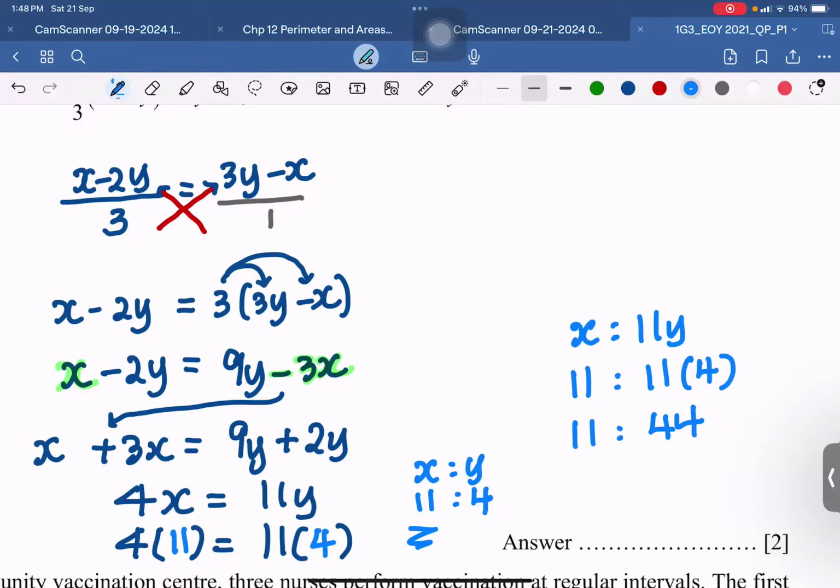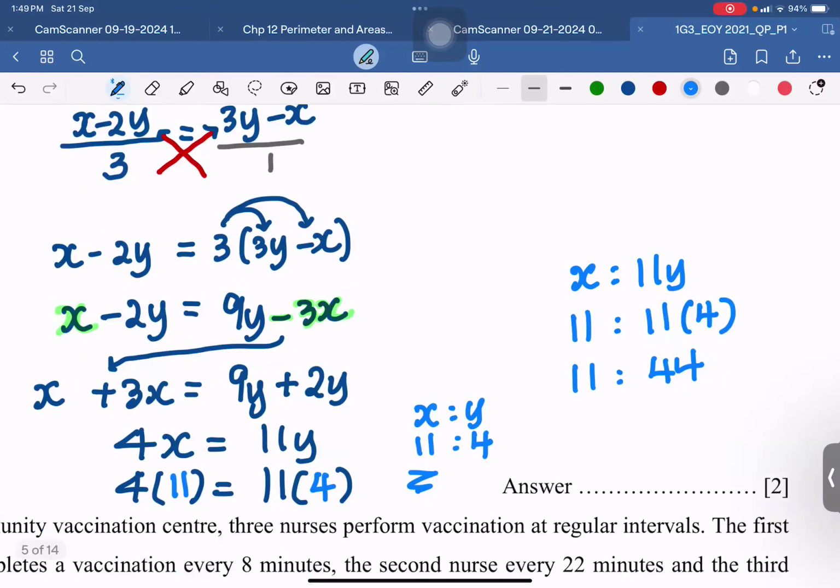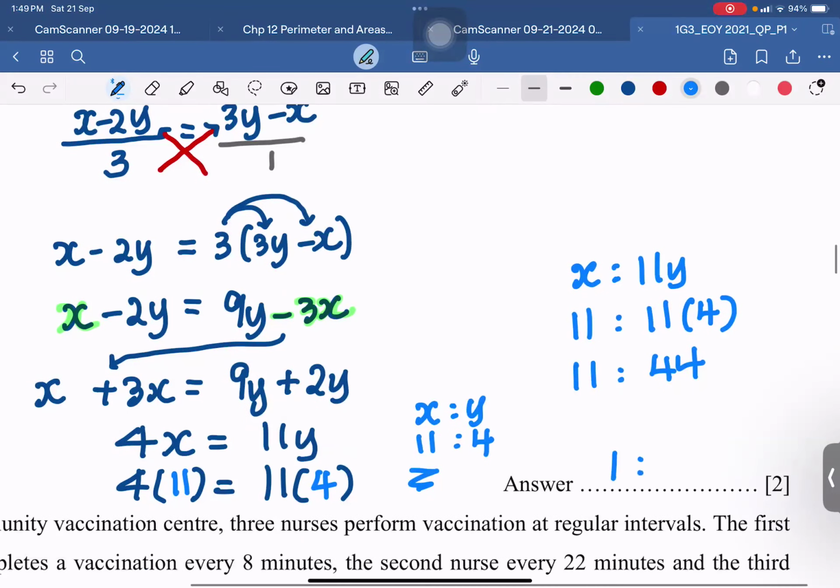But is this the simplest form of the ratio? Anyone can type me the final answer. What is the simplest form? Yes, it's not the simplest form, correct? Good. So we simplify, 1 is to 4. Answer. Thank you, Xing Ning.